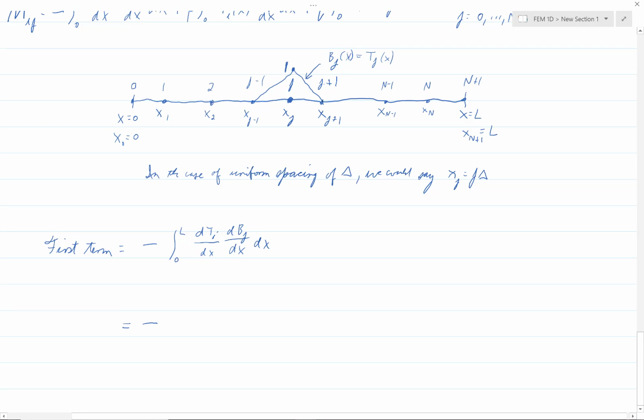So if bj is 0 everywhere except in this little domain between xj minus 1 and xj plus 1, then dbj dx is 0 everywhere else. That means that really this integral only needs to go from xj minus 1 to xj plus 1.